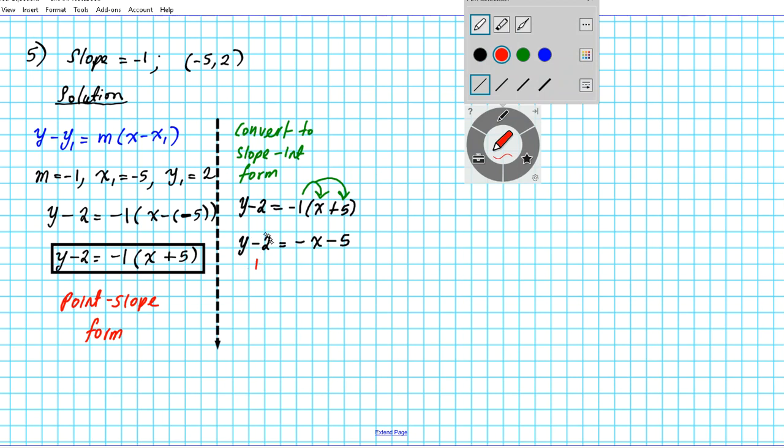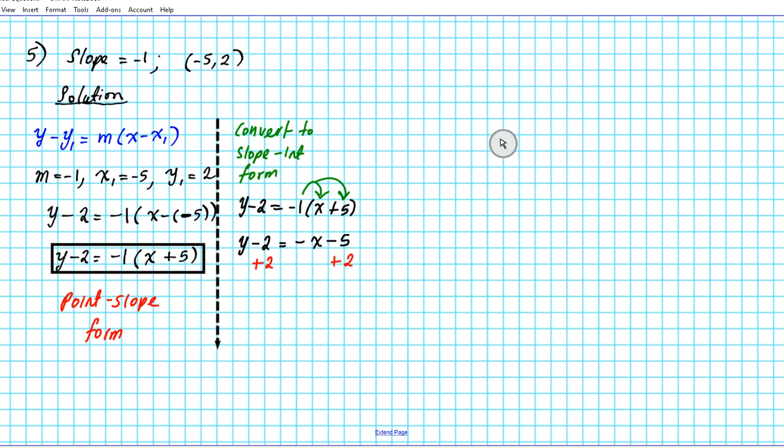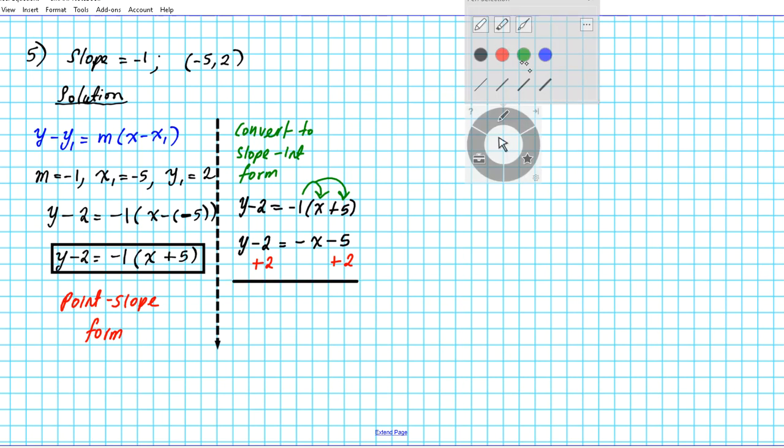So to isolate y, we get rid of negative 2 by using its inverse, plus 2. So we add 2 to both sides of the equation, and our final answer is going to be y equals negative x, and then minus 5 plus 2.